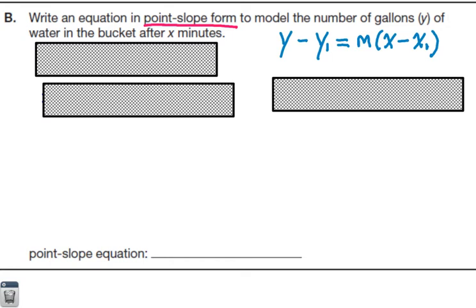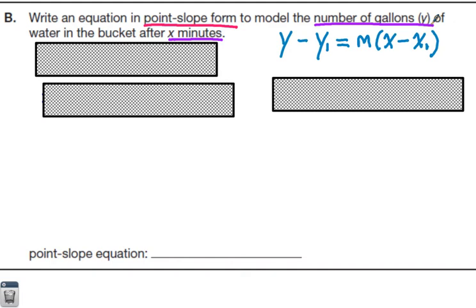So a point, well, you need to realize big time that the x variable is representing the number of minutes. So it's x minutes, and the y variable is the number of gallons, but it's not the number of gallons that we've lost, okay?